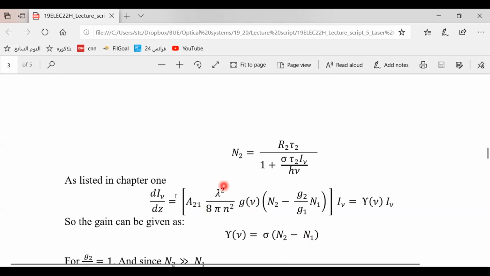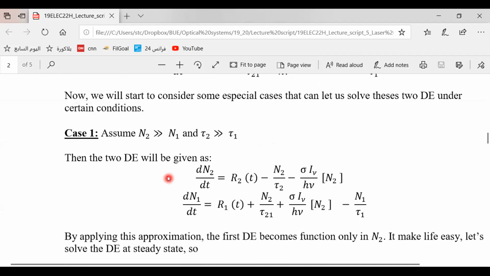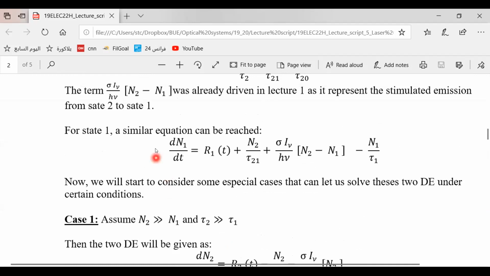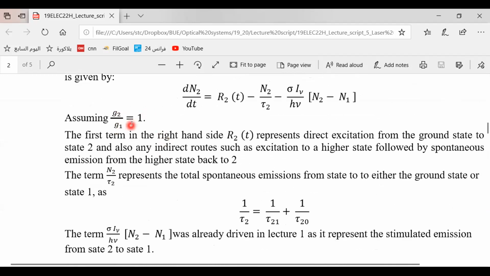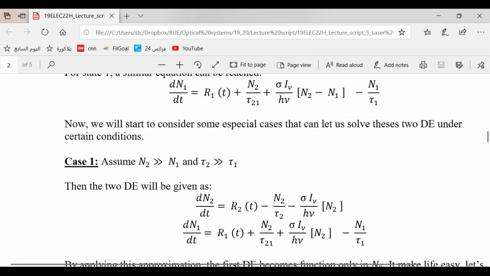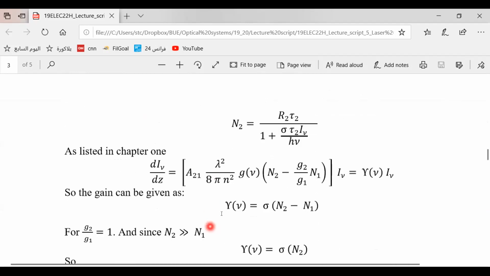That's true. This is sigma, if you remember, and this is N2 minus N1. And we assume again that G2 over G1 equals 1. So simply gamma equals sigma times (N2 minus N1). And as we mentioned, N2 is much greater than N1.